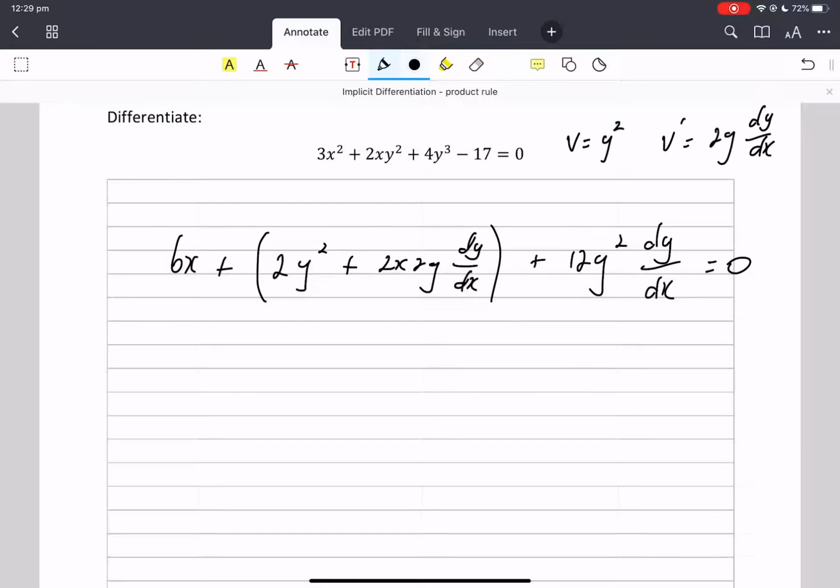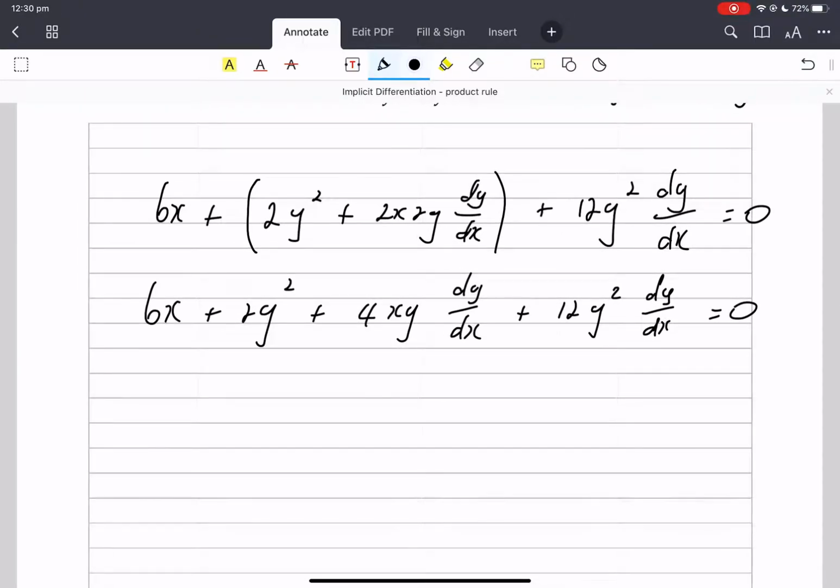Okay, so let's just neaten this up. 6x plus 4xy dy dx plus 12y squared dy dx. Clearly we've got these two terms with dy dx in it, so we need to factorise for 2xy plus 6y squared, and I want to get these other terms without the dy dx over to the other side.